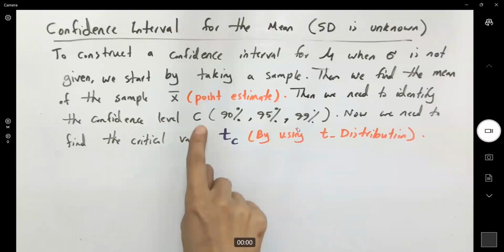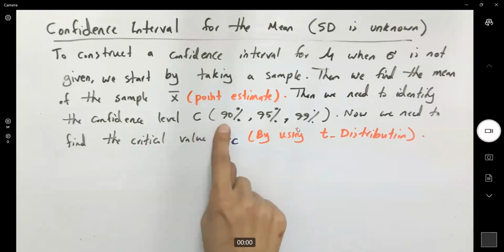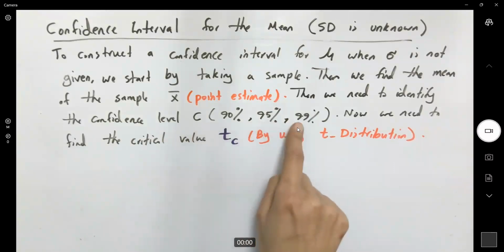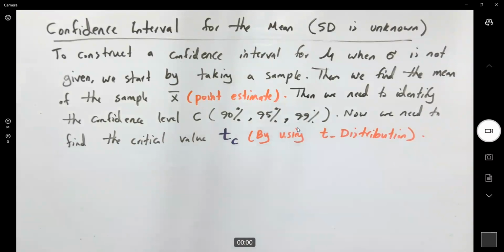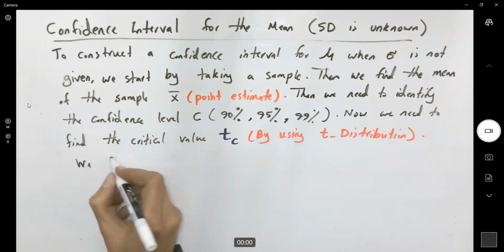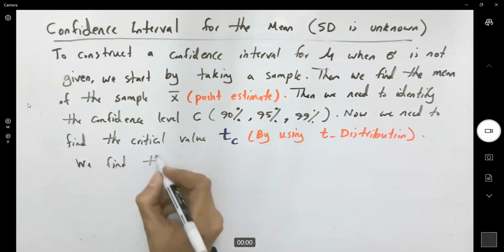So you have the confidence level: 90%, 95%, 99%. Now you use the T distribution to find the critical value, t sub c. After finding your critical value t sub c, we find the margin of error.